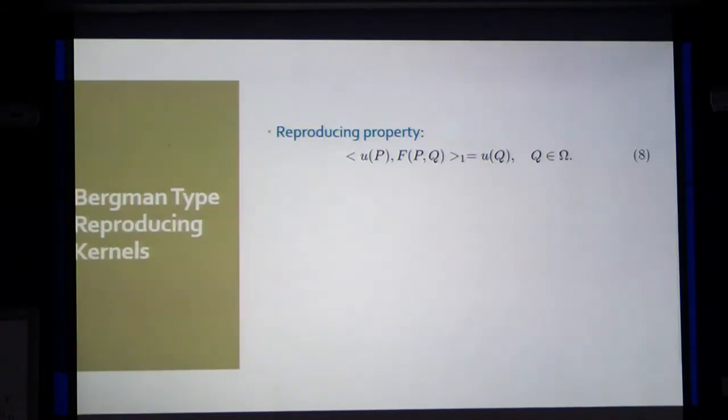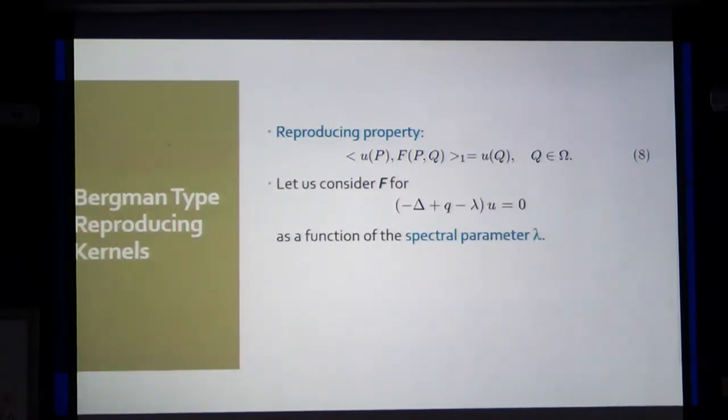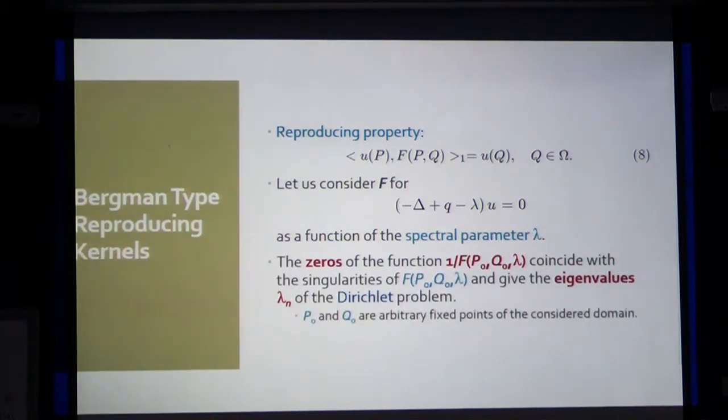But this is not the most important property. The one that we are interested in is the following: if we consider for this Bergman kernel F, the solution and this kernel as a function of the spectral parameter lambda, then it is possible to compute the zeros of the inverse of this Bergman kernel evaluated at two points P0, Q0, which are arbitrary fixed points in the considered domain.